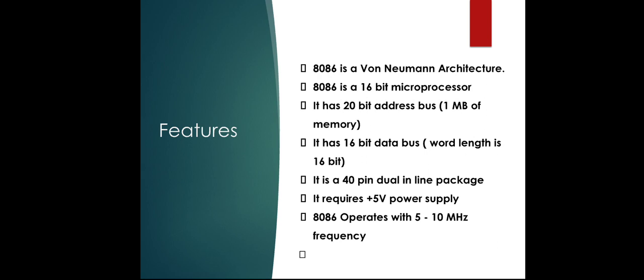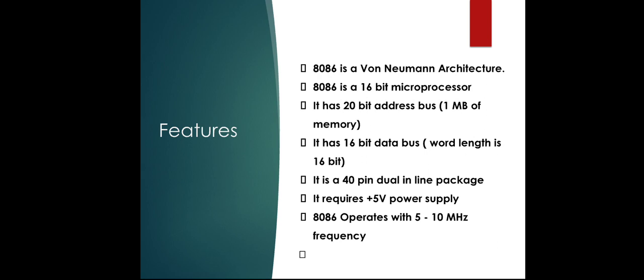As we have stated that it is a 16-bit microprocessor, it has to perform arithmetic and logic operations on 16-bit data, and the data is carried on this 16-bit data bus. The 8086 processor has a word length of 16 bits, meaning the number of bits on which the CPU can perform arithmetic and logic operations is known as the word length.